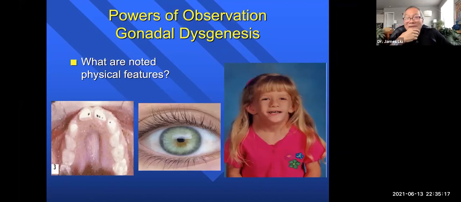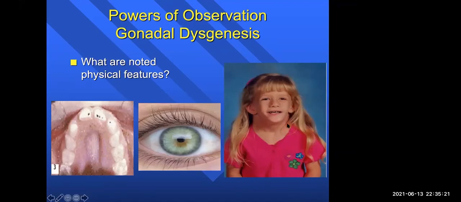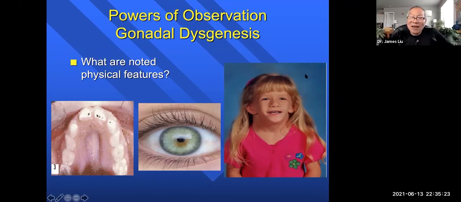Okay, that's all right. So this is an individual, obviously, with a web neck. We don't have her height because I don't have a scale on here. She is shorter. And if you look at her mouth on the inside, there's an ogival palate, which is this kind of dip in the, and this is gonadal dysgenesis.